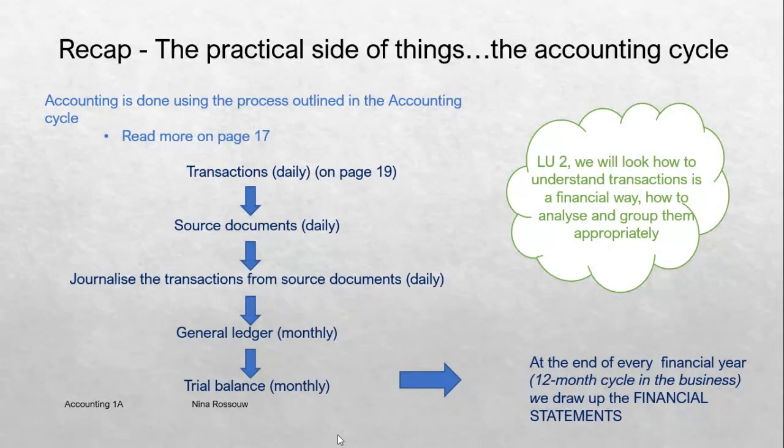And then at the end of the year, so after 12 months, we take all of that trial balance information, which will show 12 months worth of data, and we transfer it into a set of financial statements. Okay, and that information is then used by our stakeholders to analyze what is happening within a business.